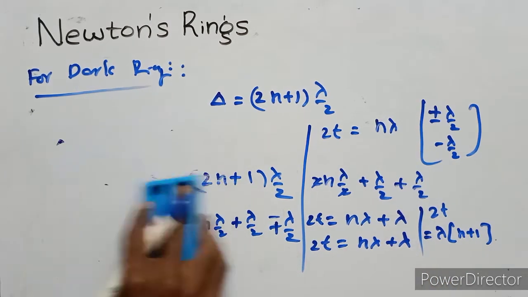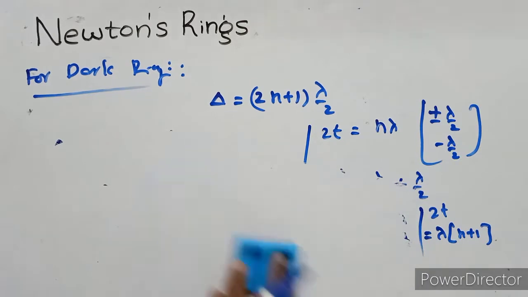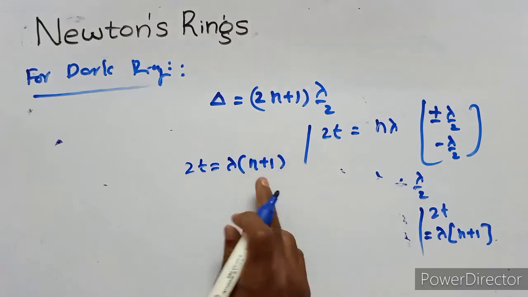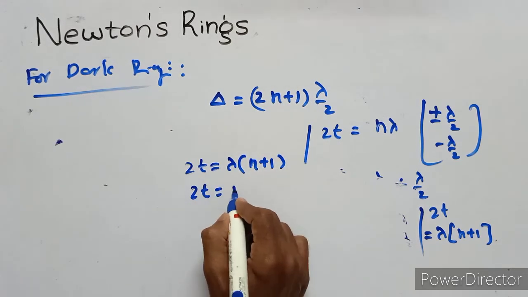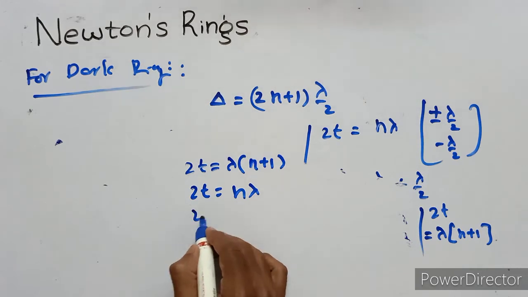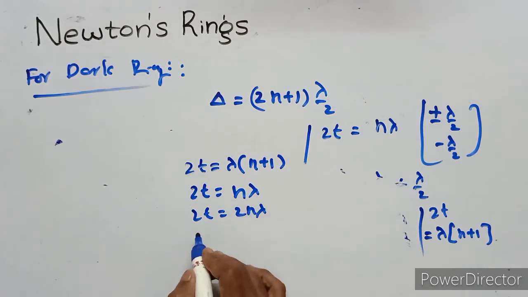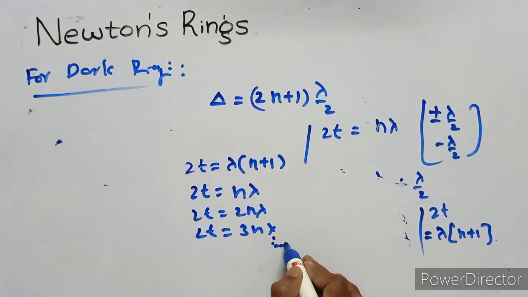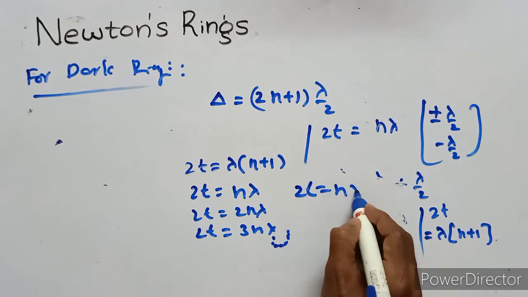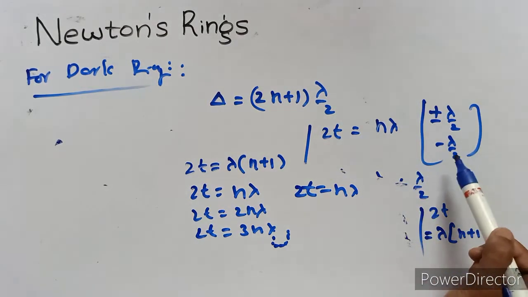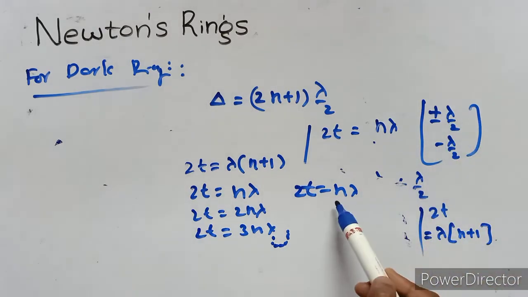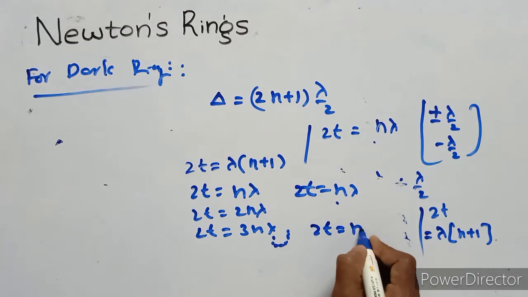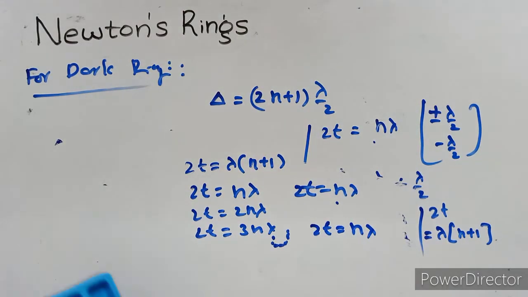So 2t equals lambda into (n plus 1), and the generalization is 2t equals n lambda. So the dark ring condition is 2t equals n lambda.